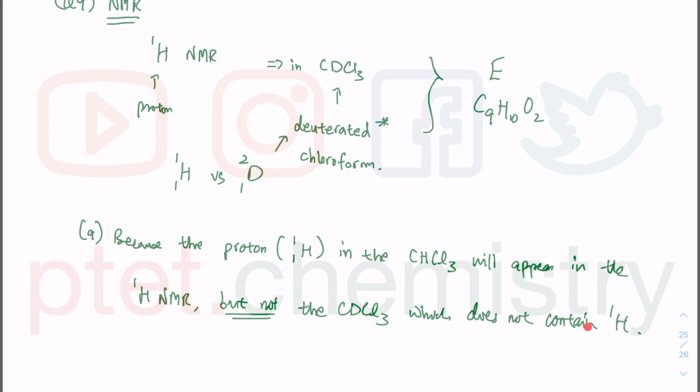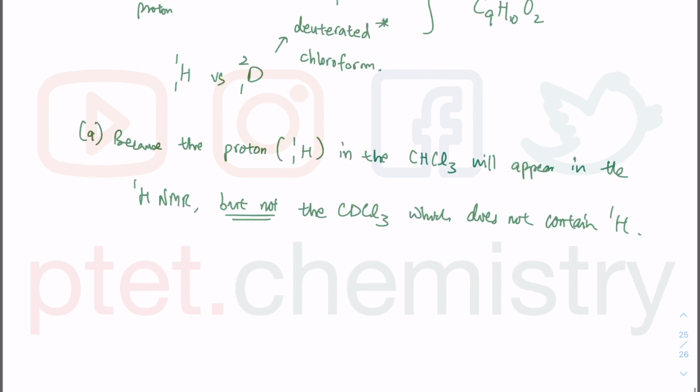Therefore, it will not appear in the proton NMR. If you use CHCl3, the hydrogen there is a proton, and therefore it will appear in the proton NMR.